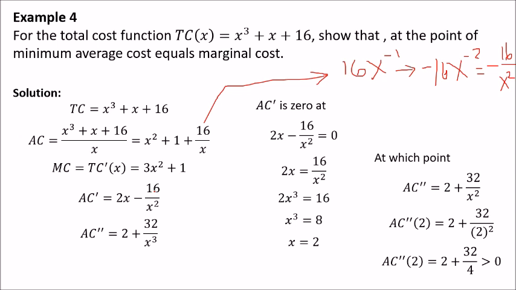And then, we also need to get the second derivative nito para ma-test natin ng value na makukuha natin dito ay minimum. So, second derivative test we have here, this one, equals, okay, derivative ng 2x is 2. Derivative nito, negative 16 over x squared is negative 32 over x cubed. So, ganun din ang process, ganun nyo lang din.